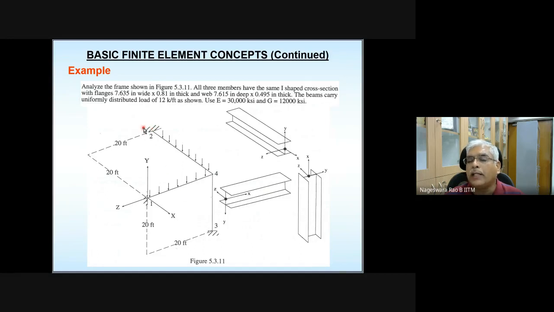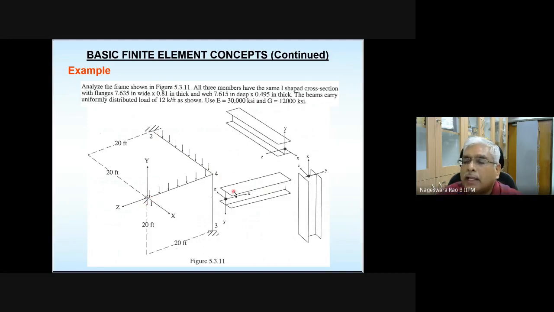So now you take the difference in the coordinates of this node and this node. Then you are going to get a vector which is lying in the plane 1, 4, 2.